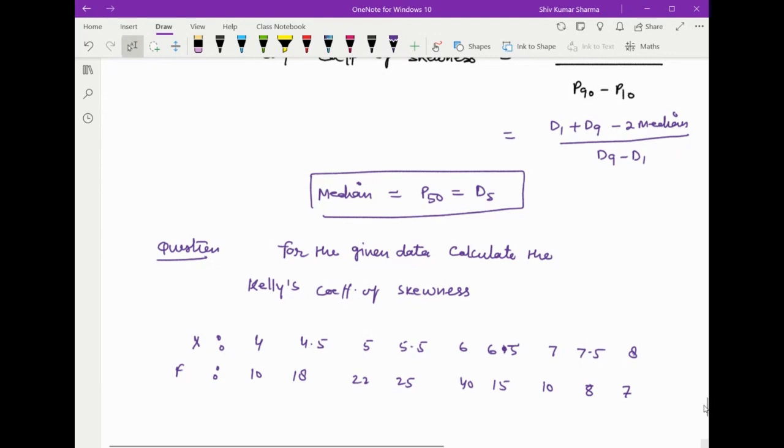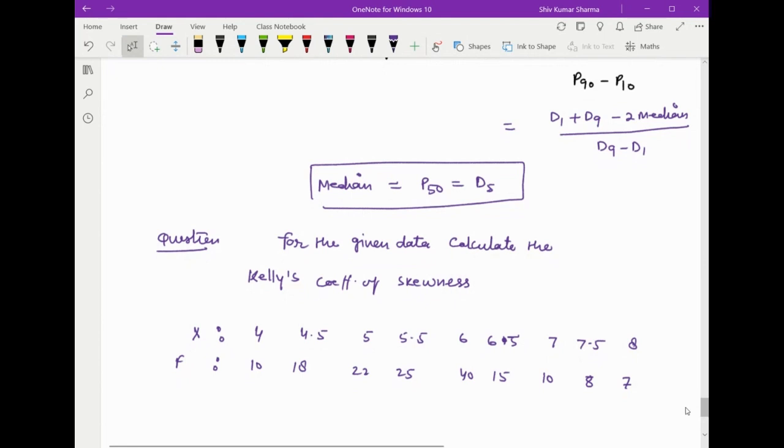Calculate Kelly's coefficient of skewness. Try to solve this. Note down the problem. We will discuss it in the next class.